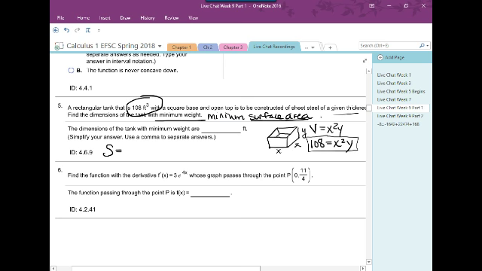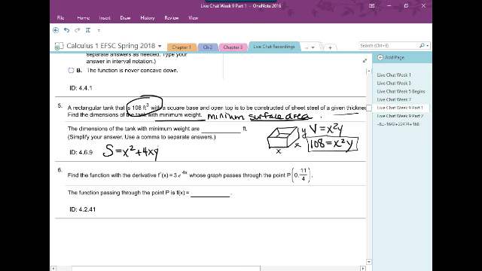In this case, the base is going to be x by x, which is x squared, plus each of the sides is going to be x times y, but there are 4 sides, so 4xy. So using the same x and y that I did in my diagram and in my volume equation, I have the surface area equals x squared plus 4xy, but in order to maximize or minimize, I need a function of one variable, and notice that we have 2 variables here, an x and a y.